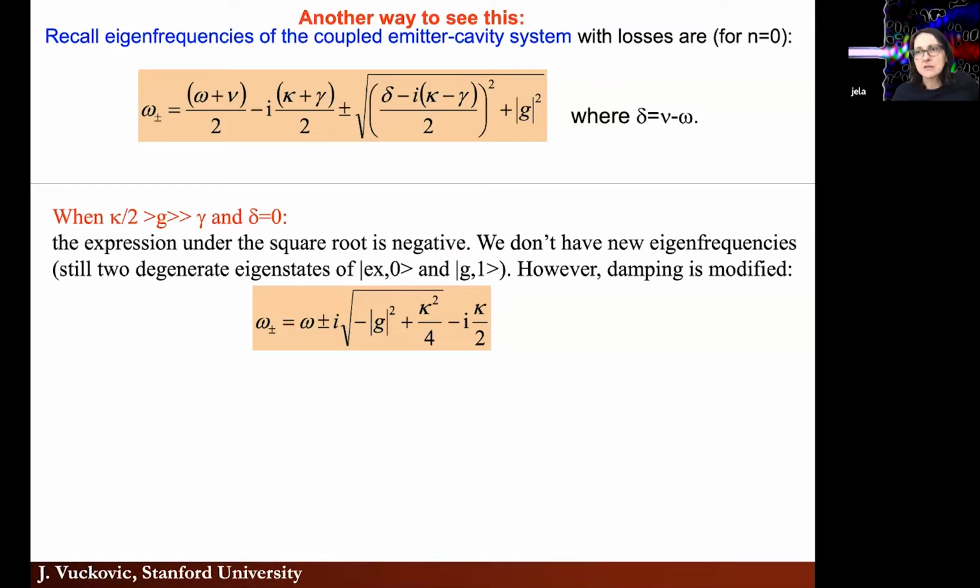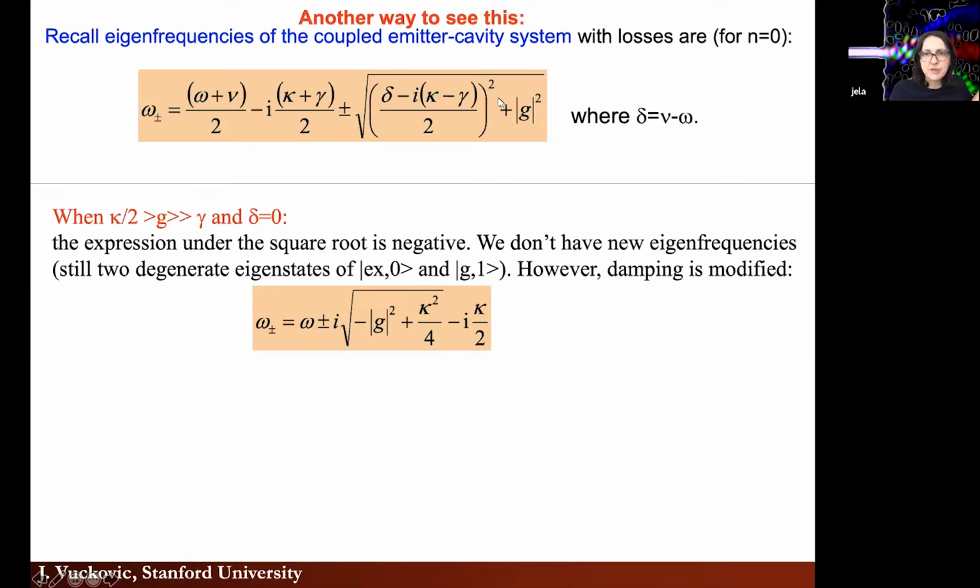So keep in mind, only if you can neglect the atomic line width relative to the cavity resonance can you use that expression. And that's the same condition we're using here, where gamma is much smaller than kappa and G, the same condition that we used in Fermi's golden rule, where we assume that the atom is a Dirac delta function in frequency space.